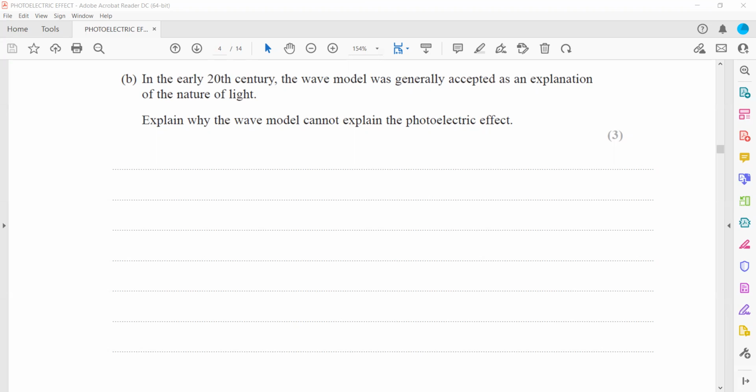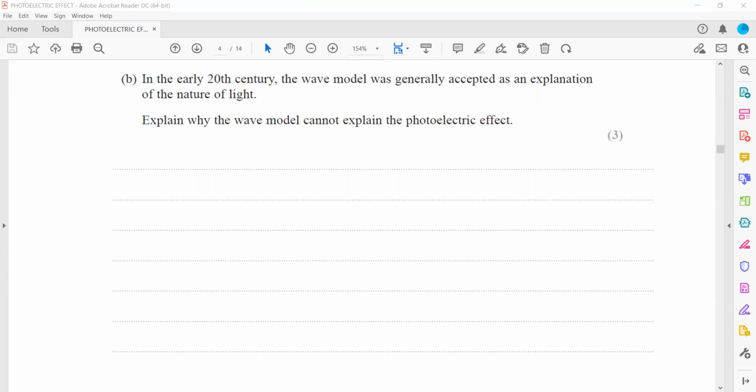According to wave nature, there should be no work function. But according to particle nature, there is a work function, a minimum frequency or minimum energy.